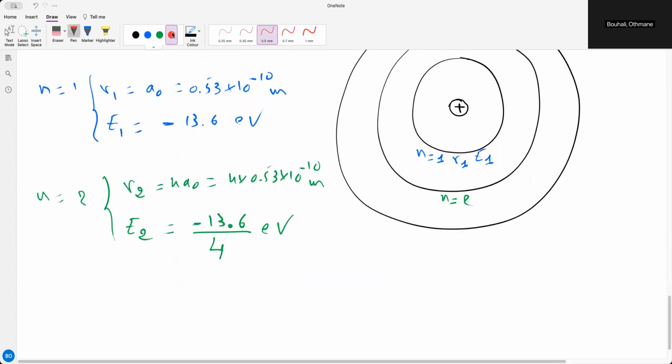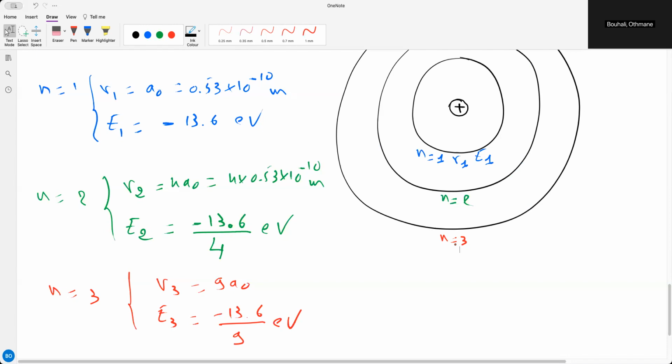And the same thing for n equal 3: the radius will be 9A0, and its energy will be minus 13.6 divided by 9 electron volts, and so on. So now what we got from Bohr's assumption is a calculation of the radius of the orbit and the energy of the orbit.